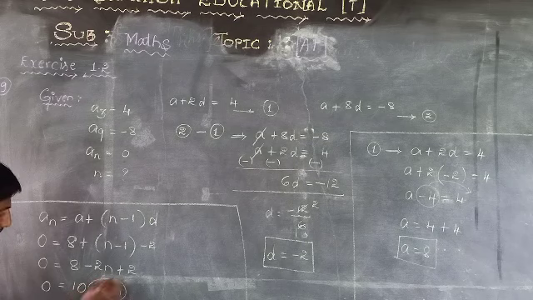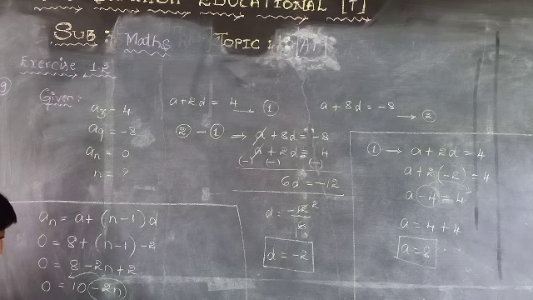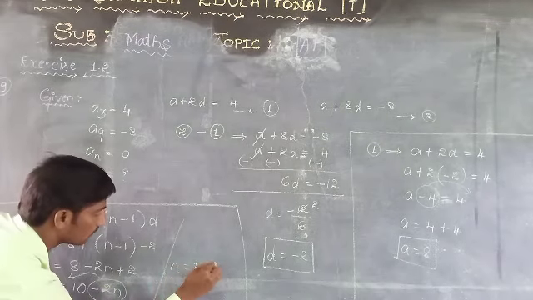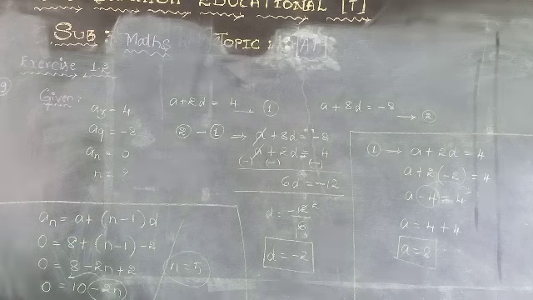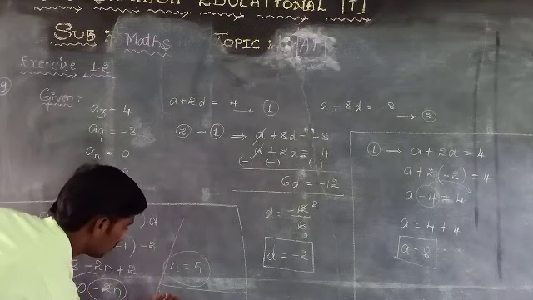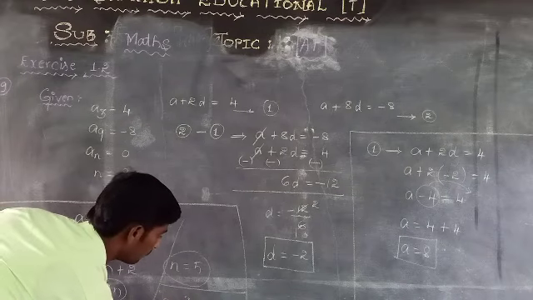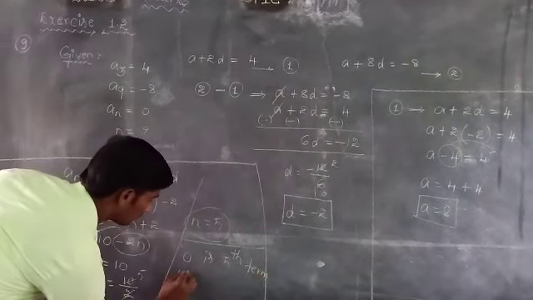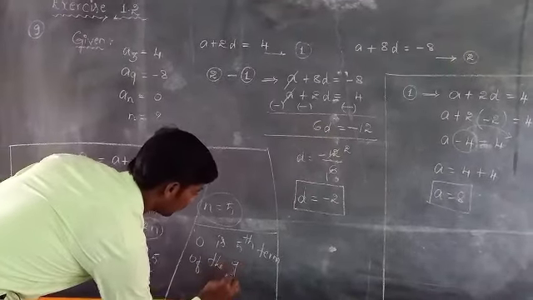This minus 2n sent to the left side becomes plus 2n, equal to 10. n is equal to 10 over 2, 2 fives are 10, so therefore n is equal to 5. So finally our conclusion is: 0 is the fifth term of the given data.